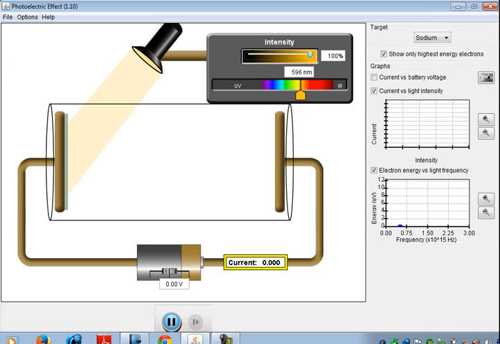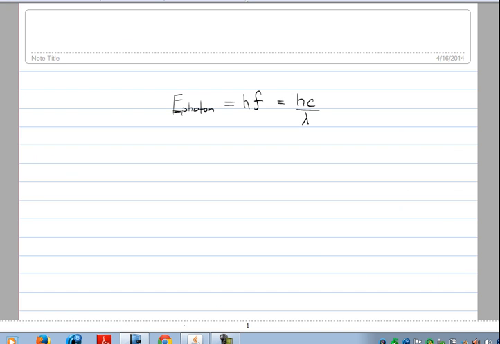So this started to cast some doubt onto the wave nature of light, because it's such a high intensity, very high amplitude waves hitting the metal, and no electrons were being ejected, even though there's a significant increase in energy that's being shined upon the metal plate. On the other hand, this was starting to at least begin to go along with Planck's theory.